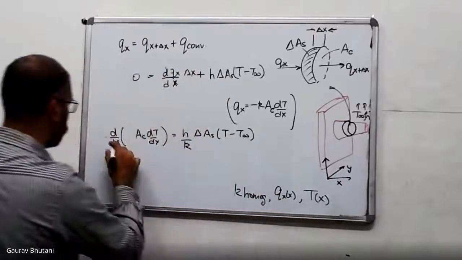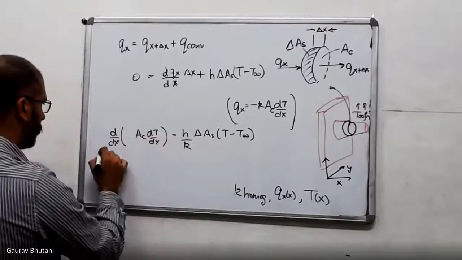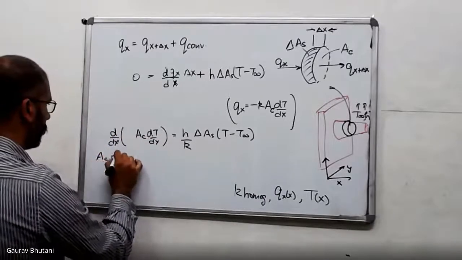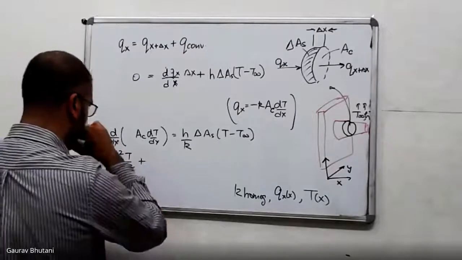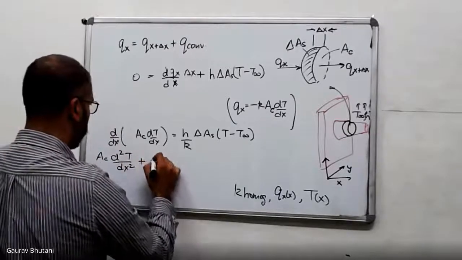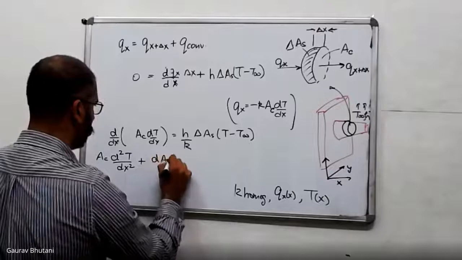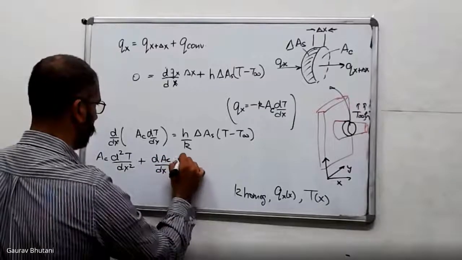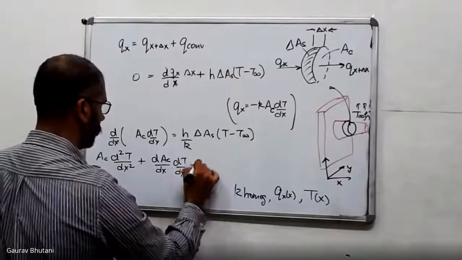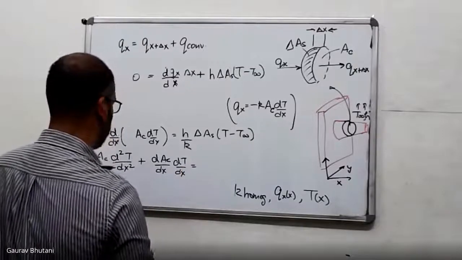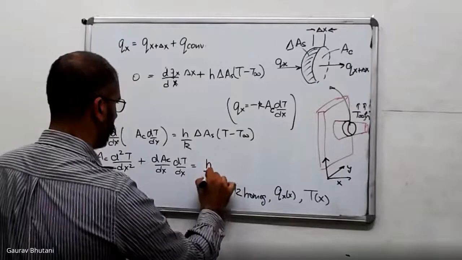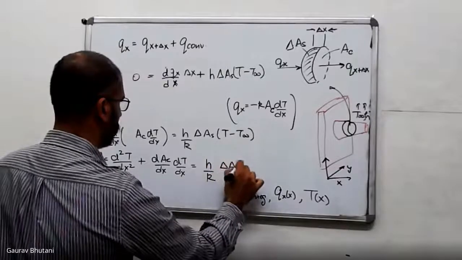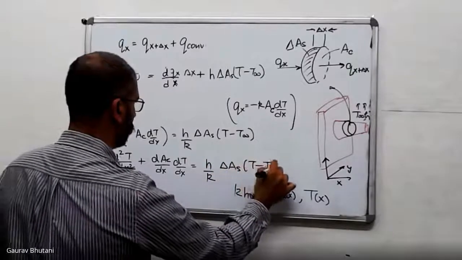Okay, so let's expand this. We get AC times the second derivative of temperature with respect to x, plus dAC by dx times dT by dx. And on the right hand side, we have h upon k times delta AS times T minus T infinity.